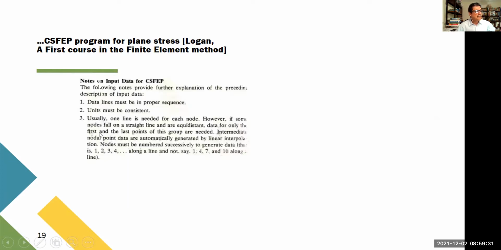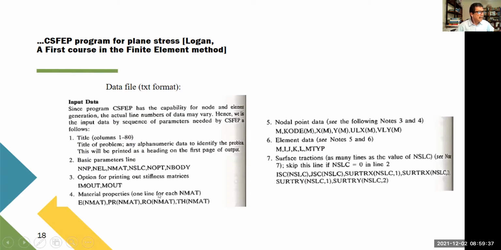There are some notes; for example, note 2, units must be consistent. Where are the material properties? For example, you have E. What do you suspect this variable is for?